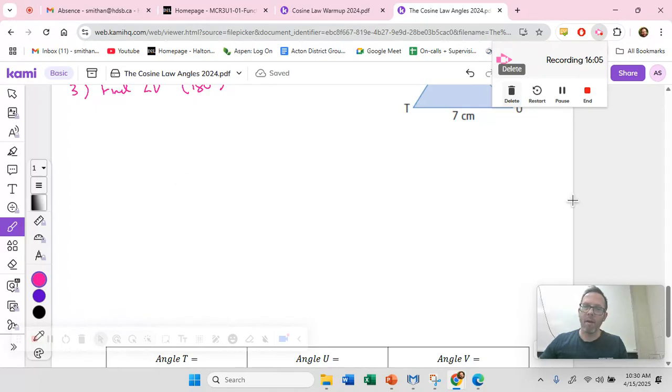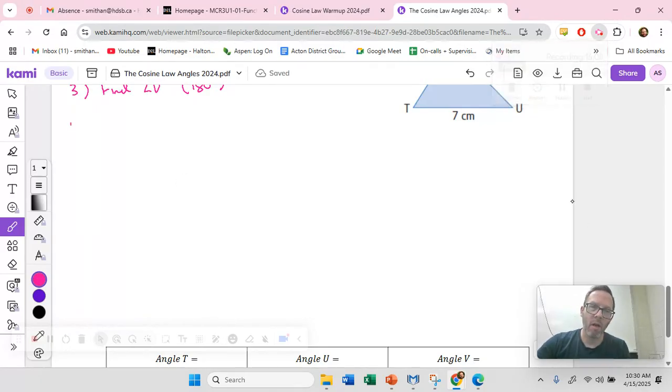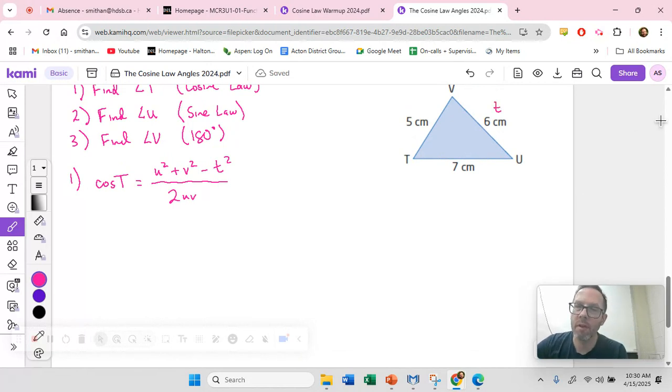All right, we are unpaused, and I'm going to help you set up the cosine law for T. Other 2 letters, squared added together, subtract side T, over 2 times U times V. T, U, V. So what's that? 5 squared plus 7 squared minus 6 squared, all over 2 times 5 times 7.